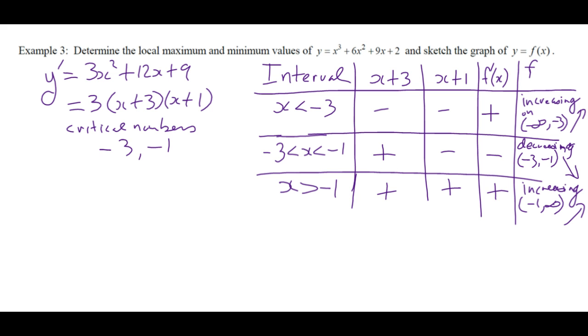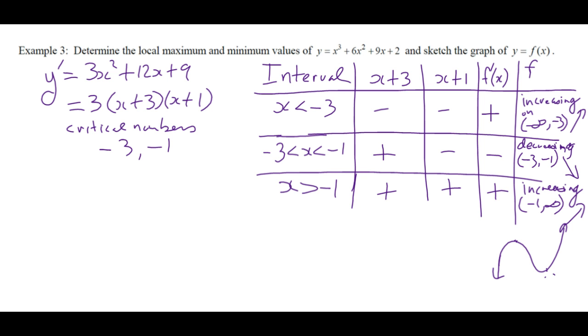So we got something that's doing this, and then it's doing this, and then it's doing this. Well, but it's not V-shaped, right? So it kind of looks like that, right? What we've got to figure out is, where are these and what are their values? I mean, we already know that it's a cubic and it's positive, so we know this from having studied the behavior of polynomial functions.